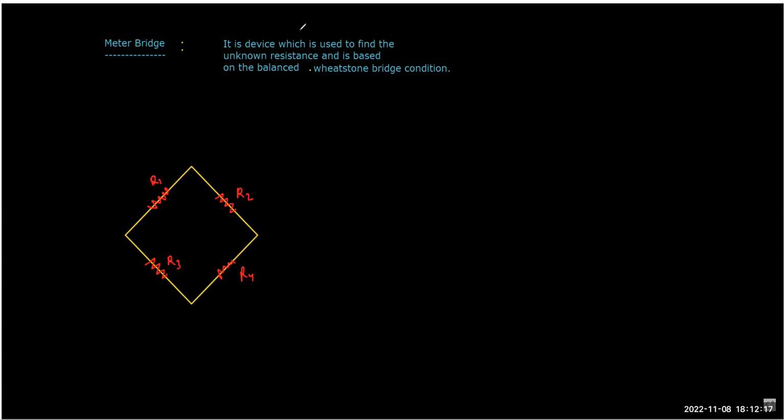Then we have a bridge element. And this bridge element will have a galvanometer. And of course, you can represent some resistance. And then we will have some power supply, which is orthogonal to the bridge element.